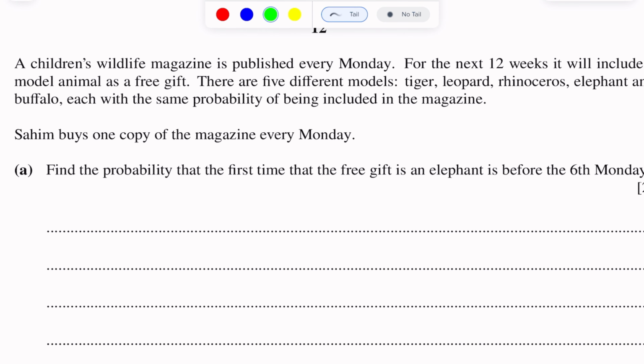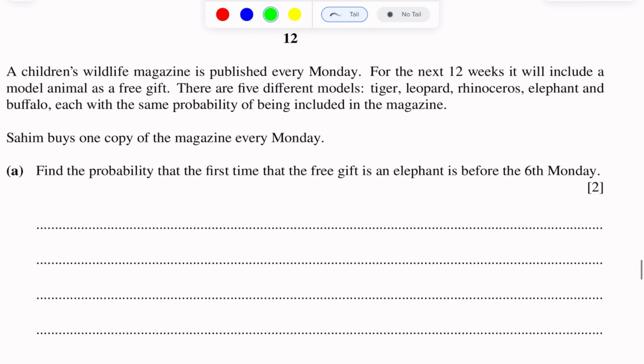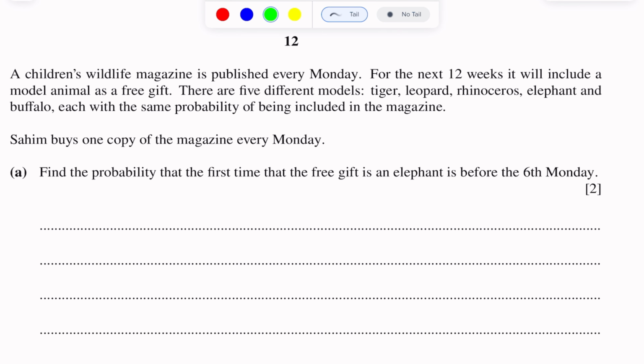Because a fixed number of trials are not given, we have to find the probability until the success is obtained. Find the probability that first time that the free gift is an elephant is before the sixth Monday.